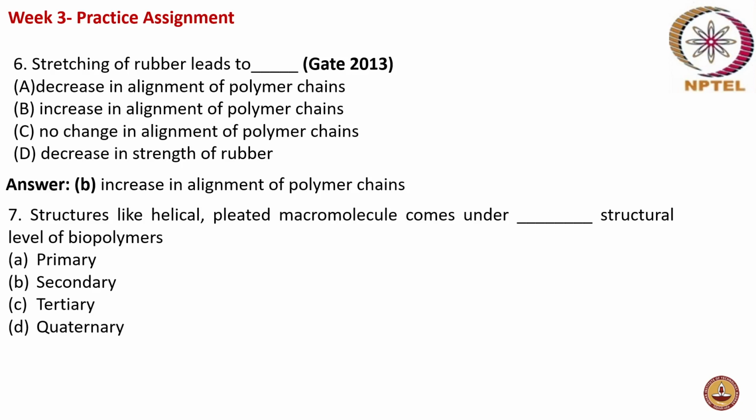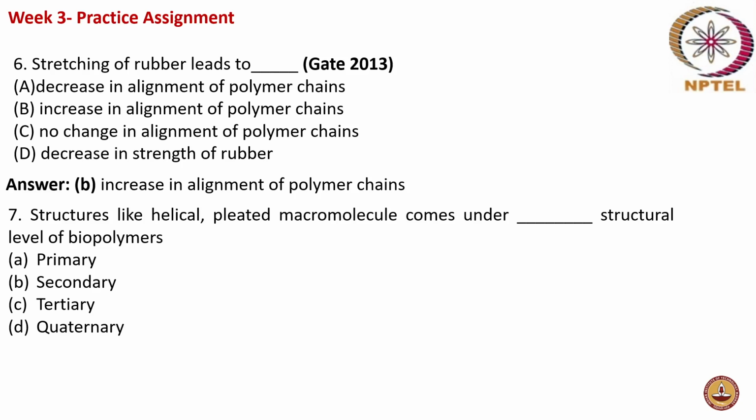Structures like helical, pleated macromolecules come under dash structural levels of biopolymers. Does it come under primary, secondary, tertiary, or quaternary? Which structural level of biopolymers is it?